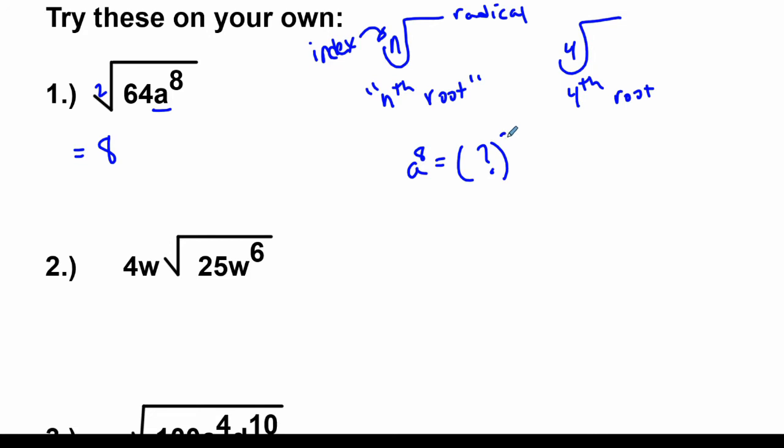The long way we did it yesterday was we said count out 8 of them, A times A times A, and then cut those 8 into 2 even groups. So it looks like we can write this as a to the 4th times a to the 4th, or a to the 4th squared. So the square root must be a to the 4th.